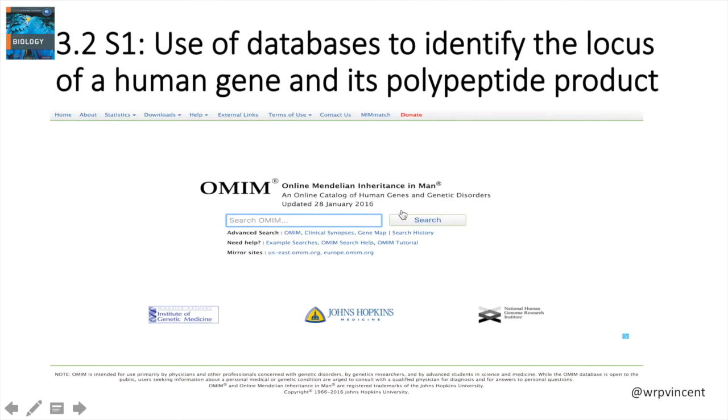As with previous activities, I have adapted this activity from the Allott and Mindorff textbook or course companion, which provides some fantastic instructions on the use of these databases. This particular activity will address the assessment statement from topic 3.2, chromosomes, and it's the first skill: the use of databases to identify the locus of a human gene and its polypeptide product.